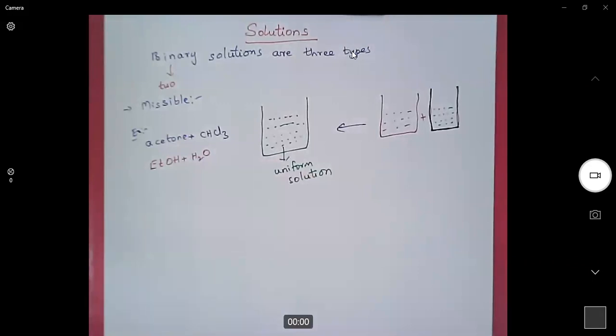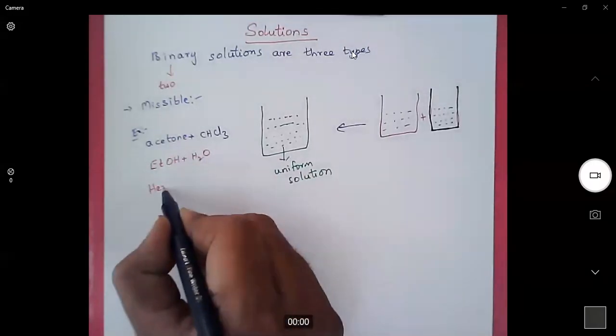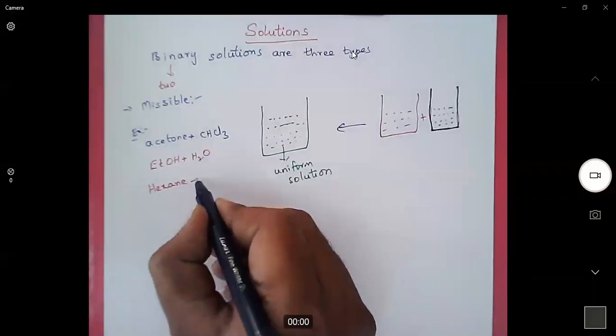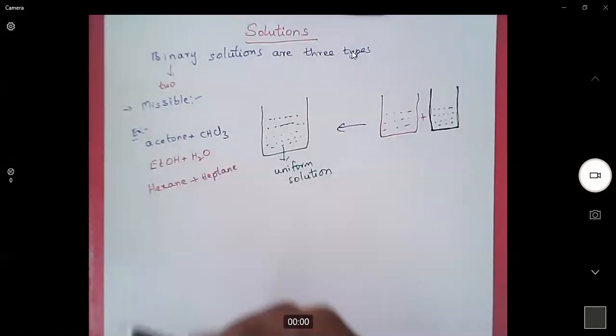Ethanol, alcohol and water are miscible in all respects. Similarly, hexane and heptane. Like that, you can have many examples. Aqueous solutions will mix with each other. Organic solutions will form homogeneous mixtures when they are mixed with each other.